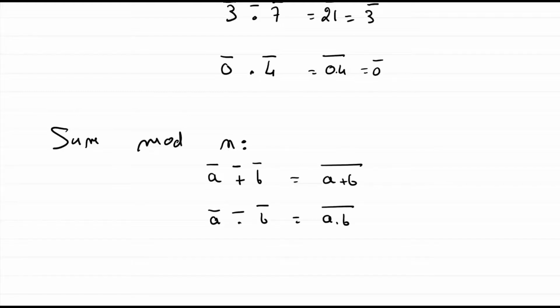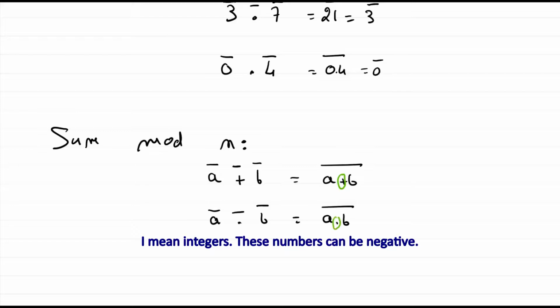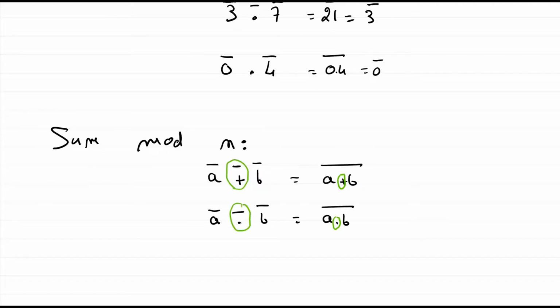And here I have to say the plus here is the plus of natural numbers, the multiplication here is the multiplication of natural numbers, and these plus bar and times bar are those operations I am trying to define on those classes, or addition and multiplication modulo n.